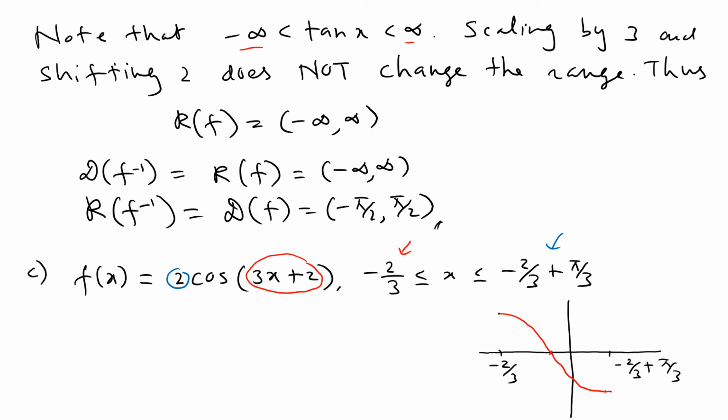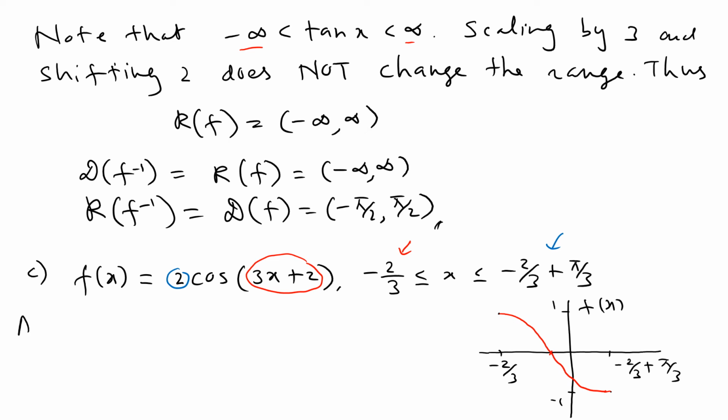So you can see it's going to go in the complete range from negative 1 to positive 1. So the range is full range. That's the graph of f(x). You can see it is a one-to-one function.